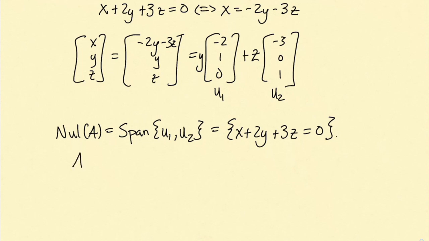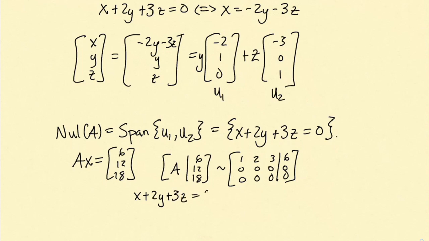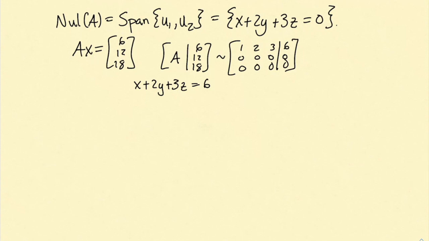Now, let's assume that we'd like to find the solutions to the equation Ax is equal to 6, 12, 18. We can of course solve this equation exactly the same way that we would solve the homogeneous equation. We can interpret this as the equation x plus 2y plus 3z is equal to 6.